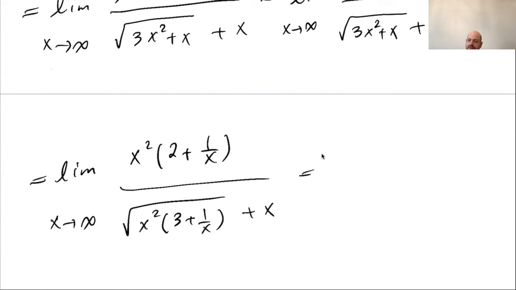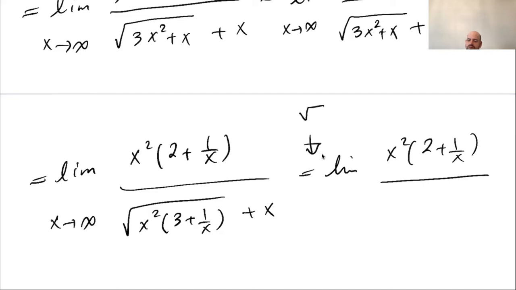Now this one I can write as, top is x squared times 2 plus 1 over x. Bottom, the square root of x squared is the absolute value of x, which is equal to x in this case because x goes to infinity. So the square root of x squared equals absolute value x equals x in this case. So x will come out.